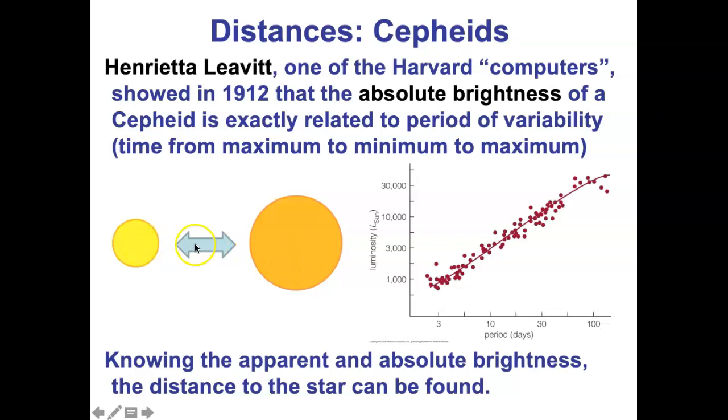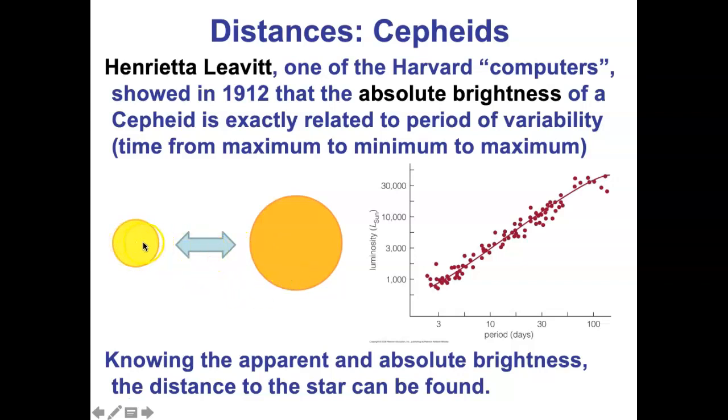So these Cepheid variables do not have a steady hydrostatic equilibrium. They hover around stability, but they're unstable. Pressure and gravity are constantly fighting each other, and this star expands, contracts, expands, contracts. It cools off, heats up, cools off, heats up, and therefore the luminosity is changing.